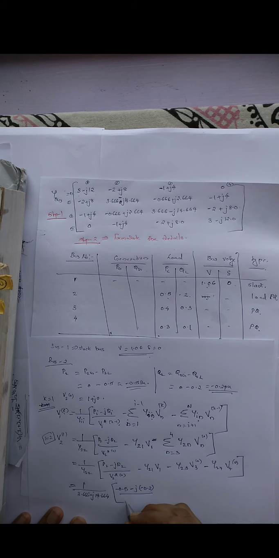That value I assumed as 1 plus j0, so here it will be 1 minus j0. No need to write that, still for understanding I write it.